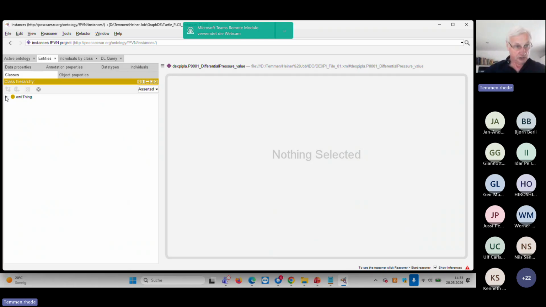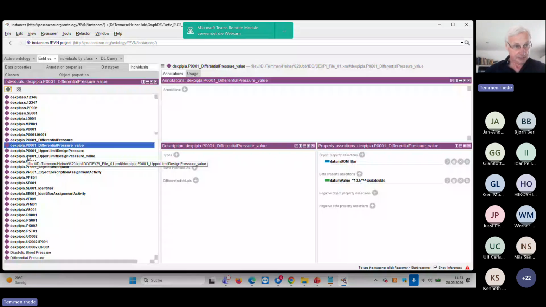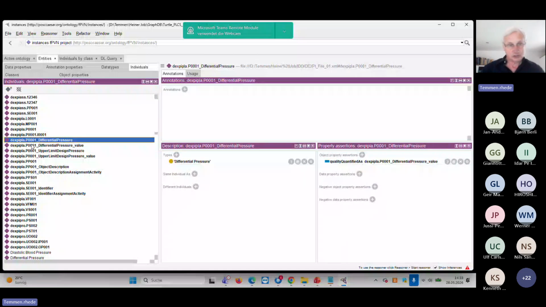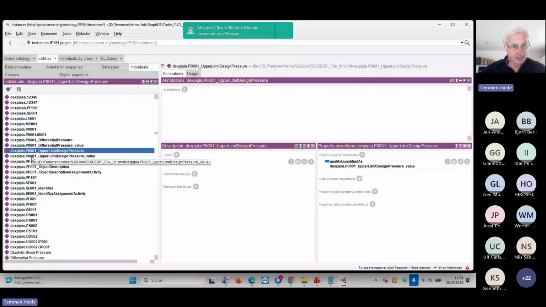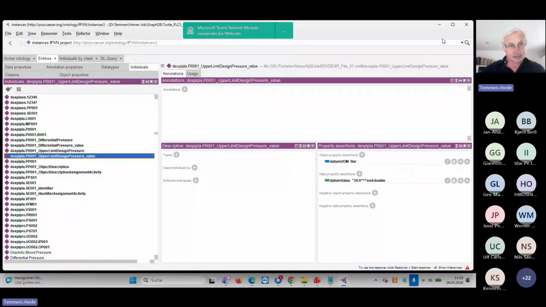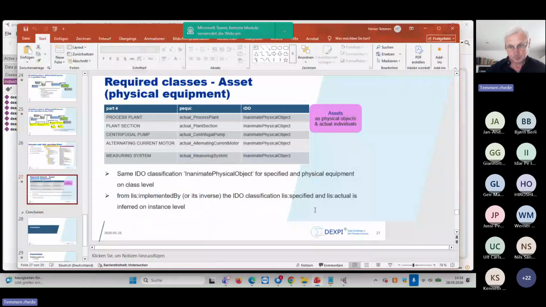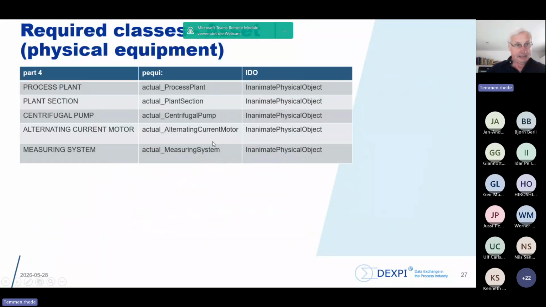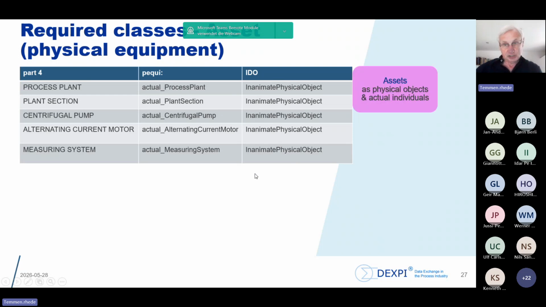Here is the pump, here's the nozzle of the pump, here's the differential pressure with its value, and the same with upper limit design pressure, and the value for that. All loaded into Protégé. And for the actual pump, we have additional classes. Here we see that we need the actual one, and these are all modeled as inanimate physical objects.